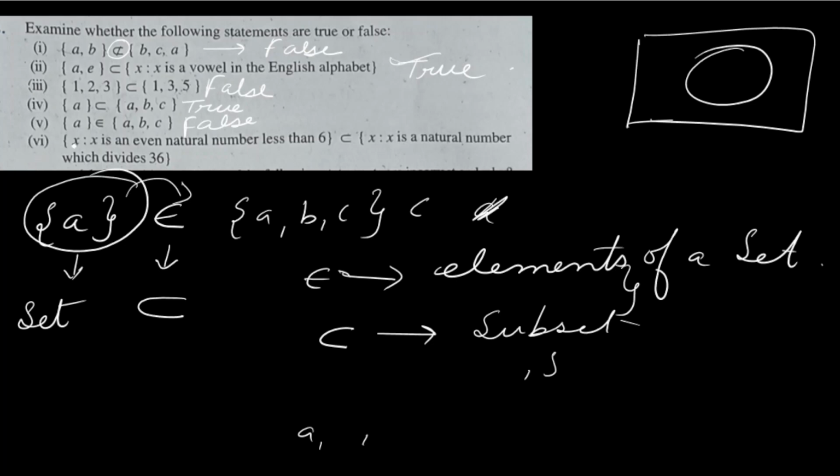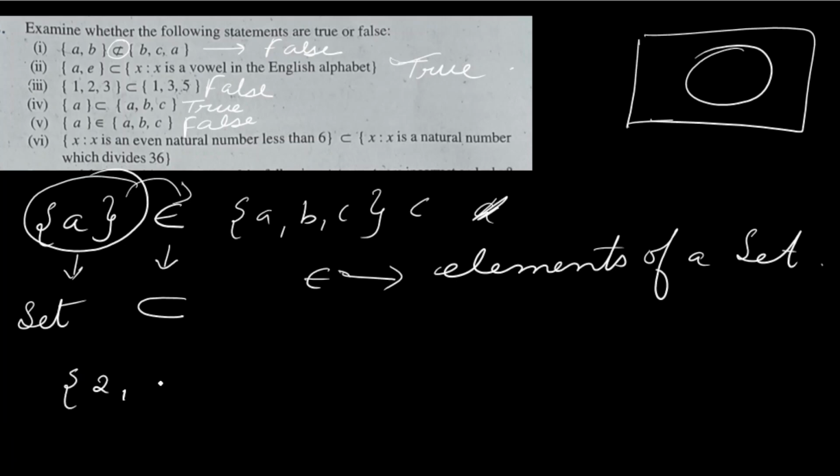Sixth one, {x : x is an even natural number less than 6}. So even natural numbers less than 6 we can write: 2 and 4. They are the even natural numbers less than 6. Is it a subset of {x : x is a natural number which divides 36}?